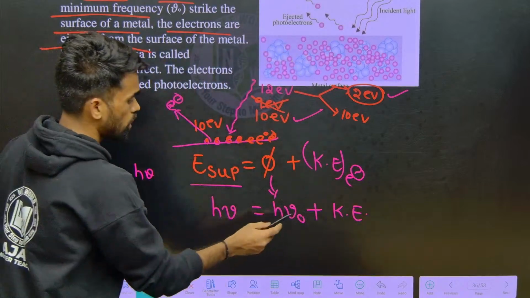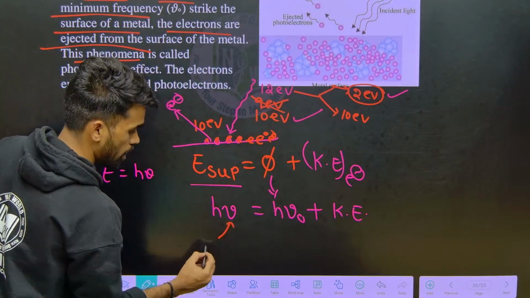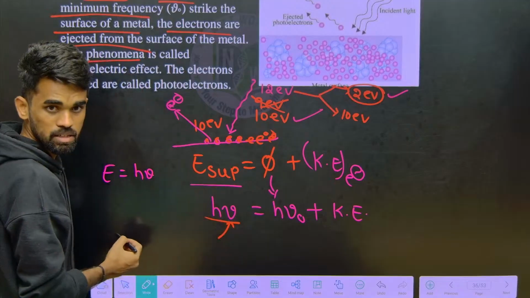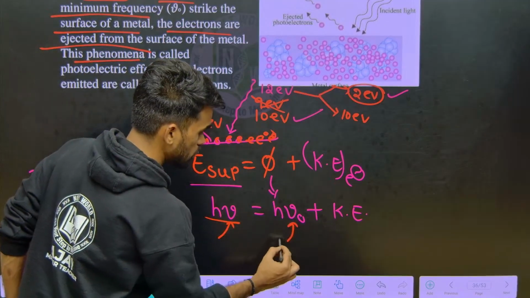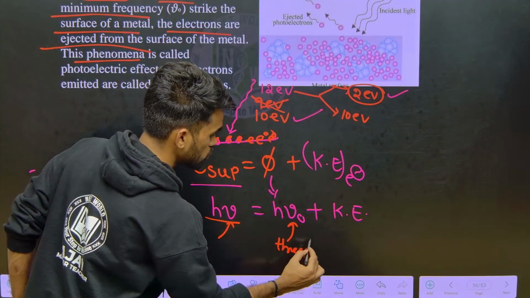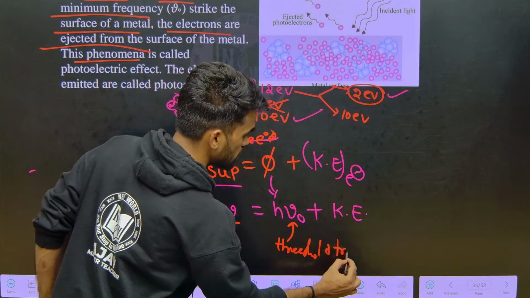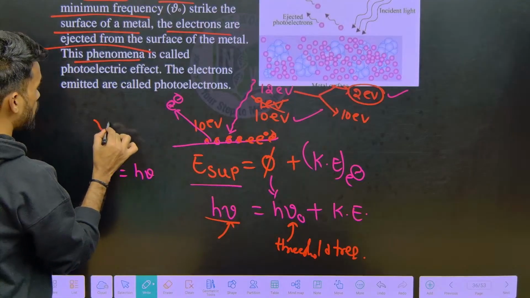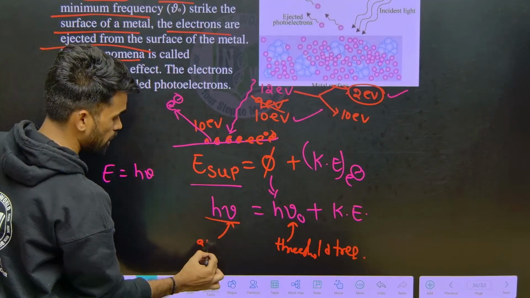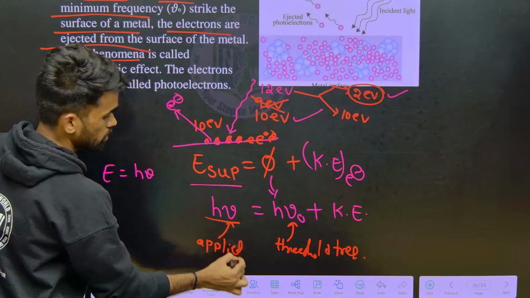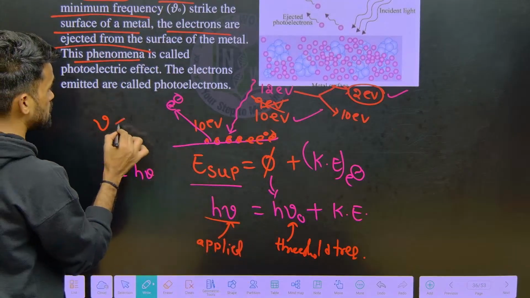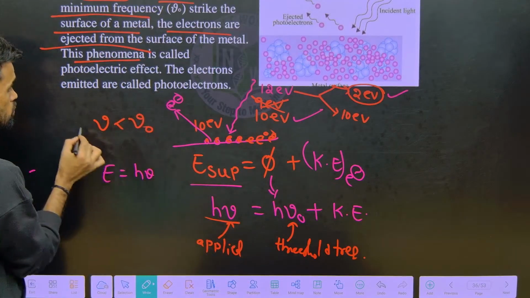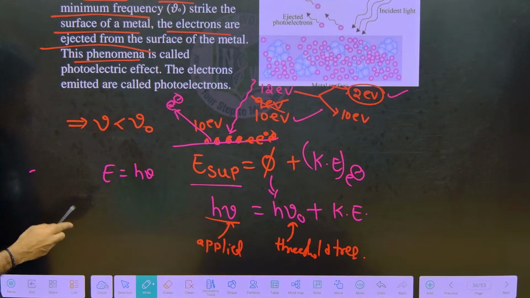Okay, so nu naught here is what? Frequency of light, this is called threshold frequency. Applied frequency, nu, I am saying. If applied frequency is less than threshold frequency, is there any photoelectric effect or not? No PE.